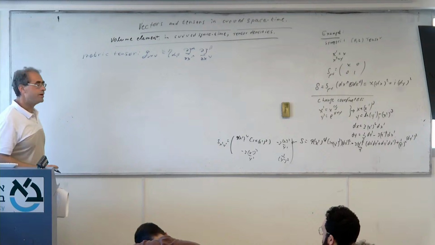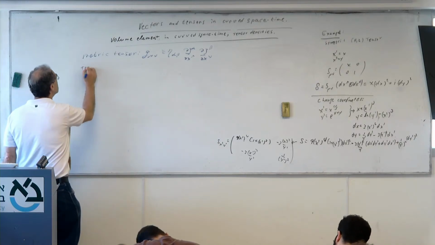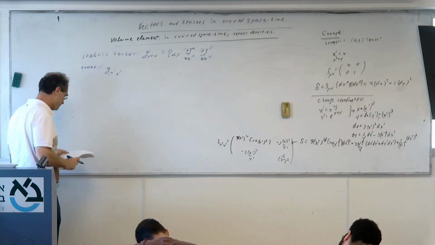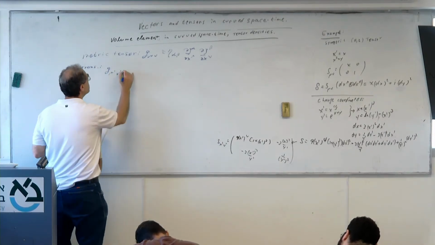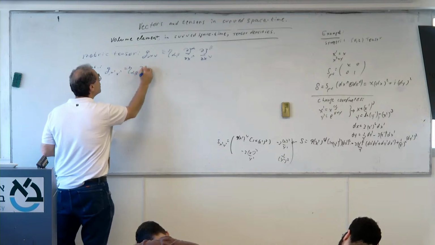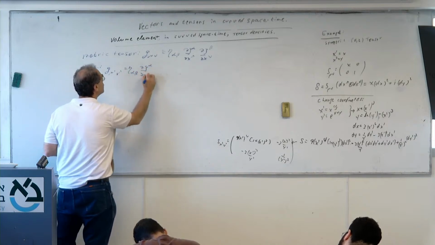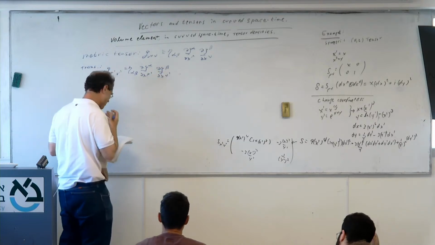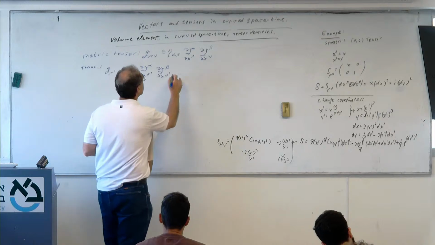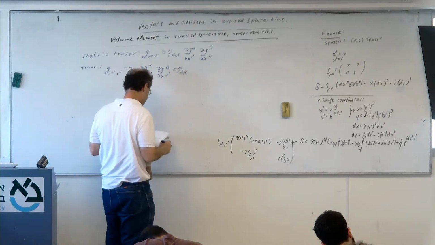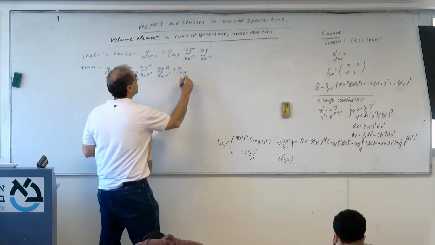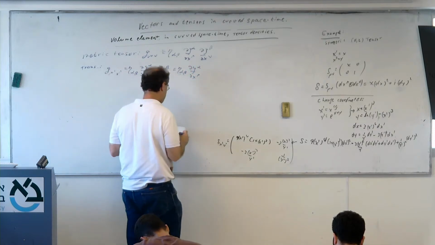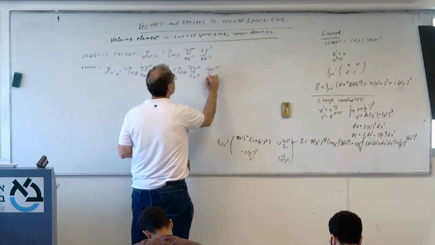If you want to make a transformation to mu prime, nu prime, we get eta alpha beta, d psi alpha over dx mu prime, d psi beta over dx nu prime, which equals eta alpha beta, d psi alpha over dx mu, dx mu over dx mu prime.